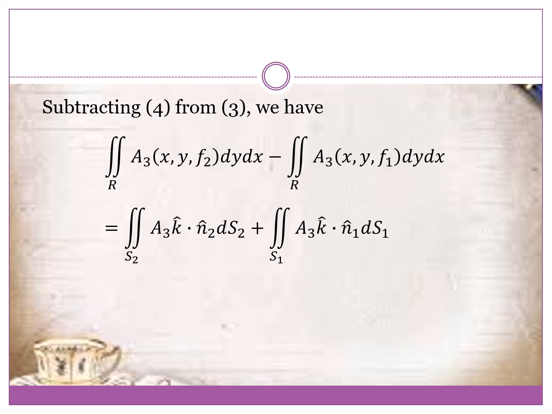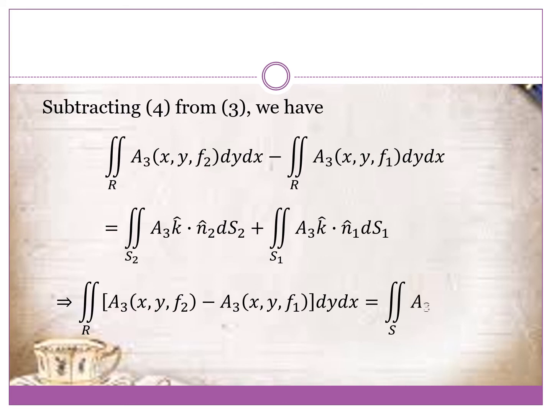This can be easily written from 4 and 3, which implies the double integral of a3 xy f2 minus a3 xy f1 dy dx. We combine the left hand side, which results here, and the right hand side gives the surface integral of a3 k dot n ds.